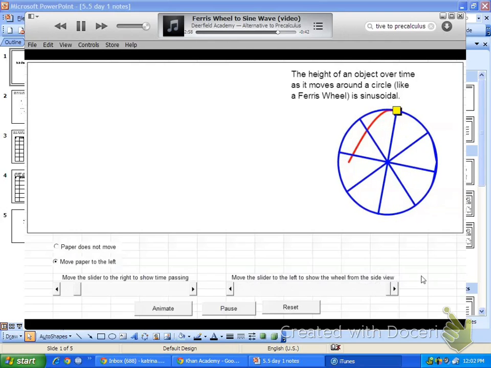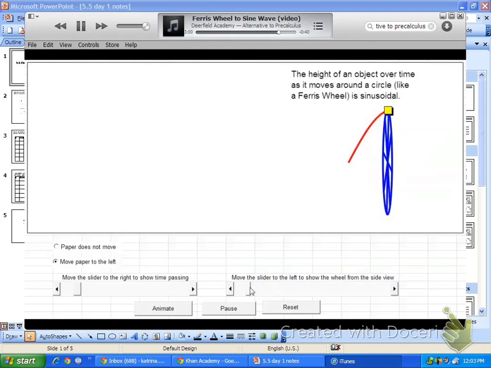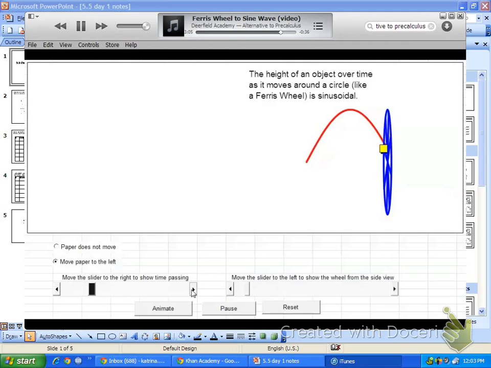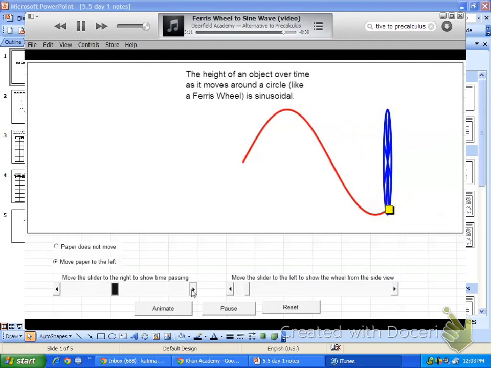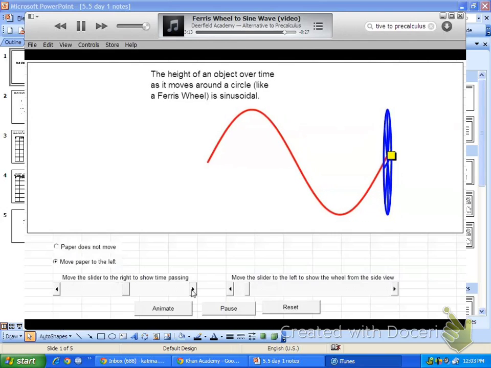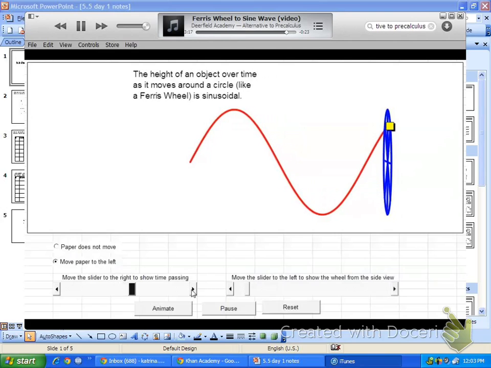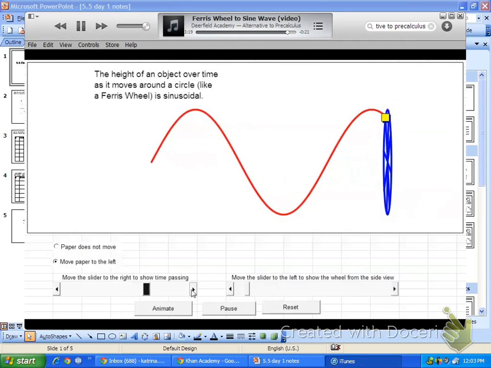You see, there's where we are there. And the sine of 180 is 0, the sine of 270 is -1, the sine of 360 is 0, and then we can continue if we want second time around the circle.